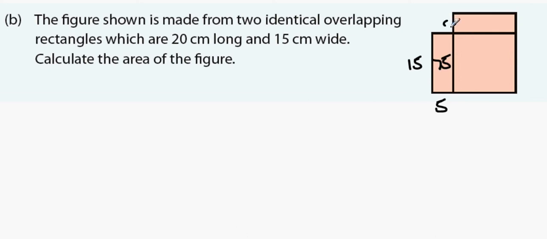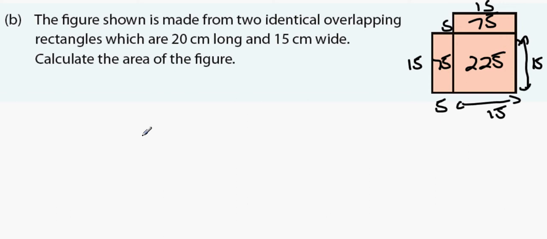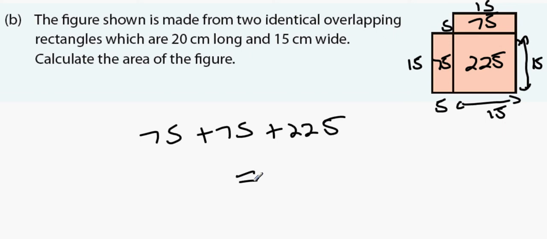And finally this one here is going to be 15 multiplied by 15, and that's going to give you 225. So add all the answers together: 75 plus 75 plus 225, and what we get here is 375 centimeters squared. Okay, so 375 centimeters squared. Okay, next one.